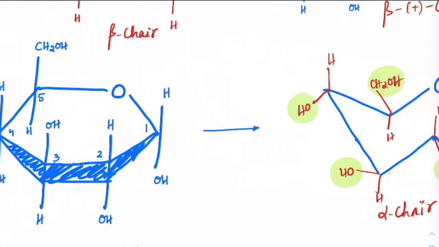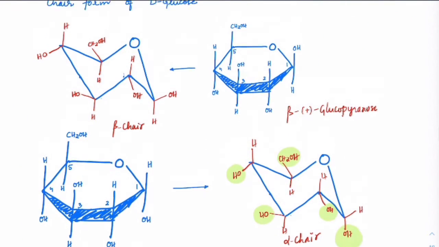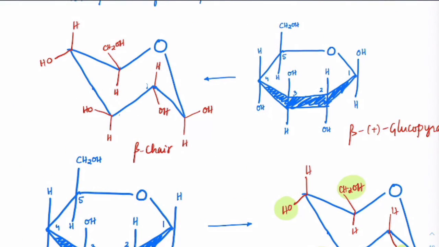We have learned in chair conformations that any bulky groups or any lone pair carrying groups, if they are away from the structure, that will bring more stability, which means if you keep all of them on the equatorial position, that will bring more stability.